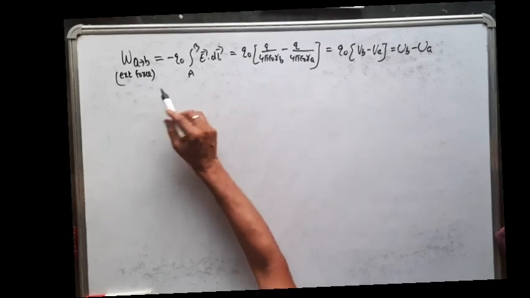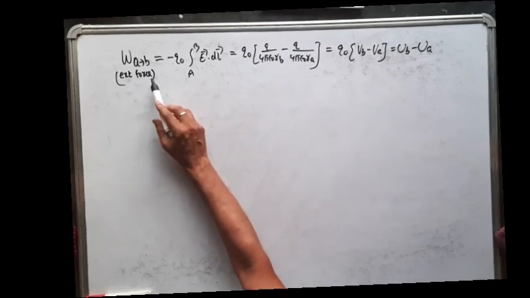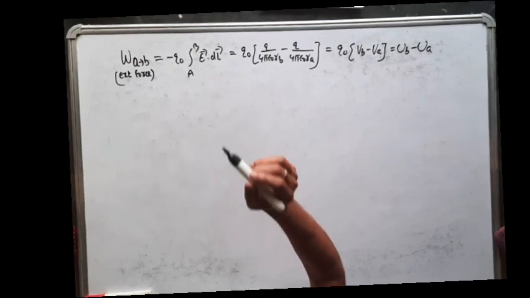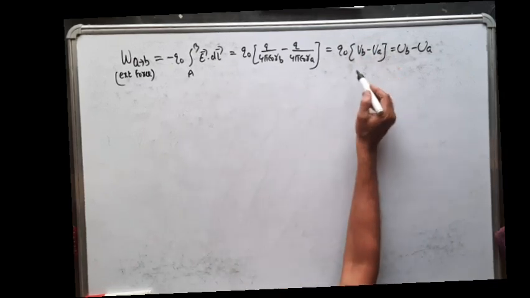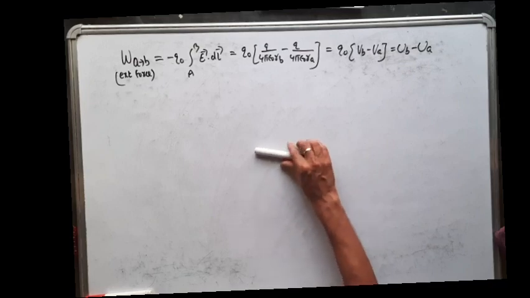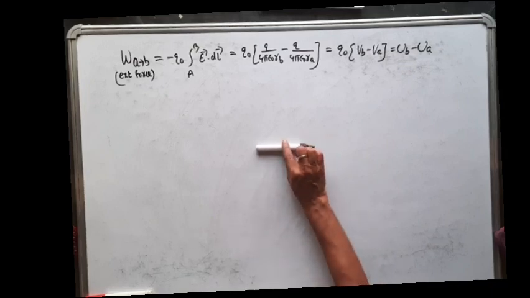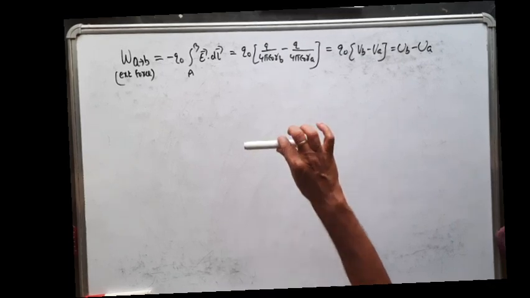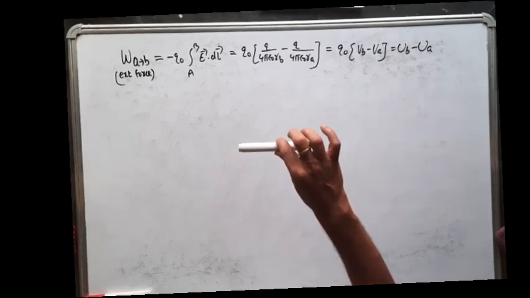So when the external force is doing work by carrying a q naught charge from point A to point B, the total work done will be stored in the form of potential energy. That is something you know. Suppose this is a pen on the ground. I have to raise this pen to a certain height. What will happen?